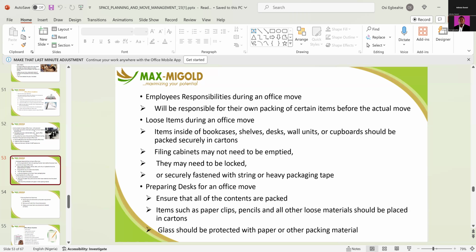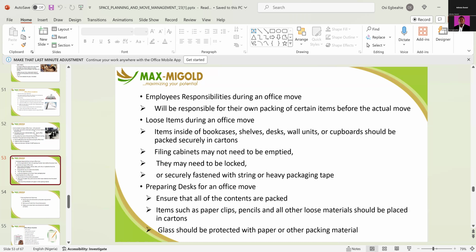Employees' responsibility during the office move. Make sure that the employees are well informed. Make sure that they are responsible for packing their items. It's very important so as to minimize losses of items during an office move.